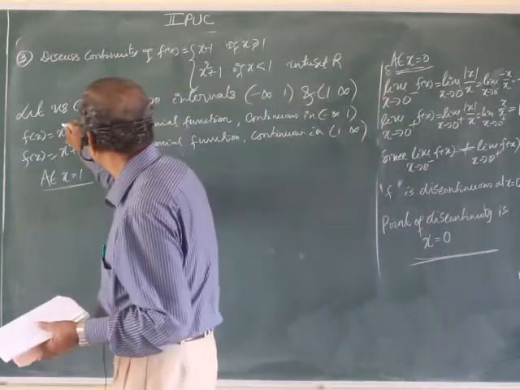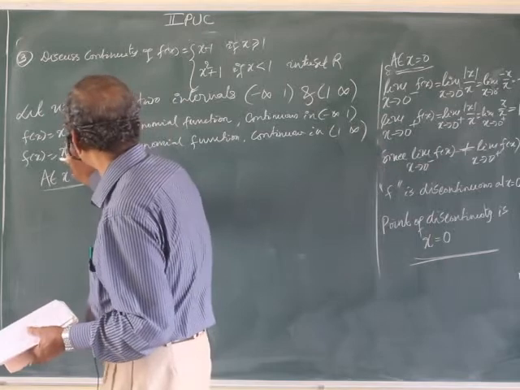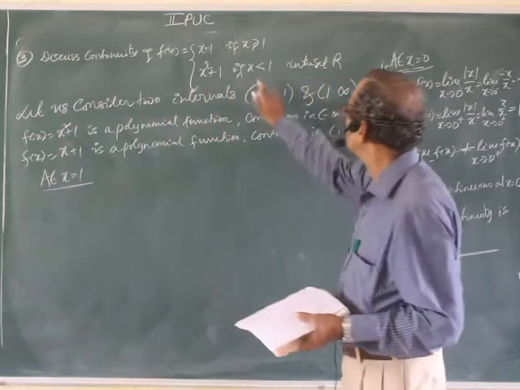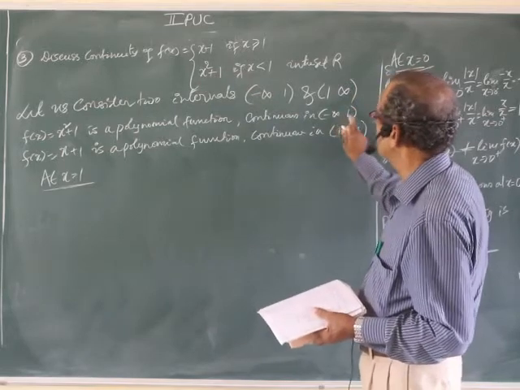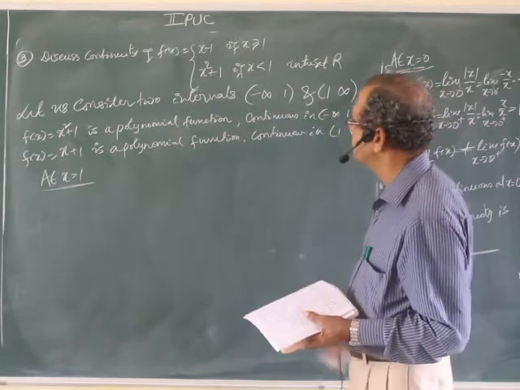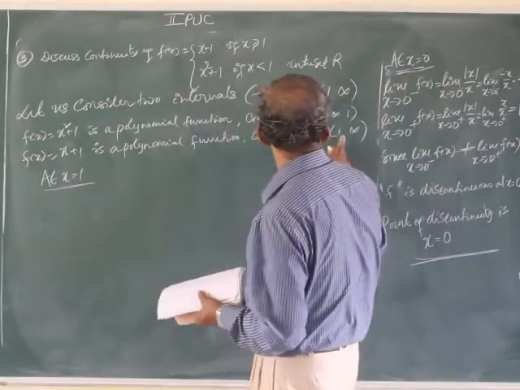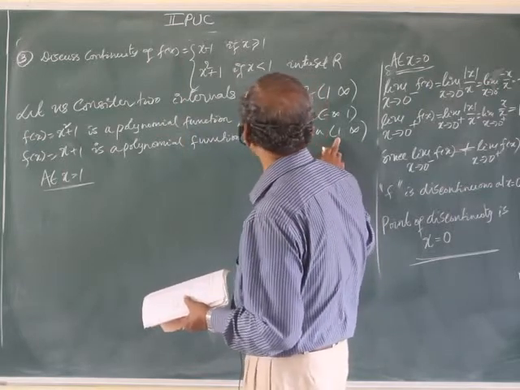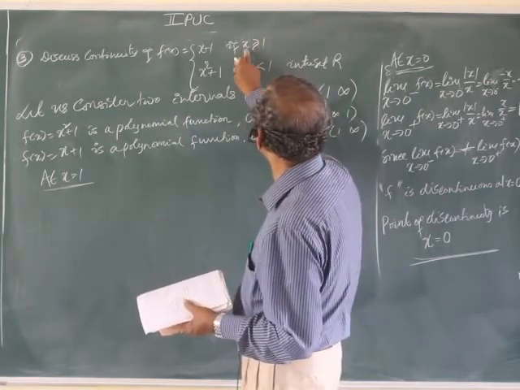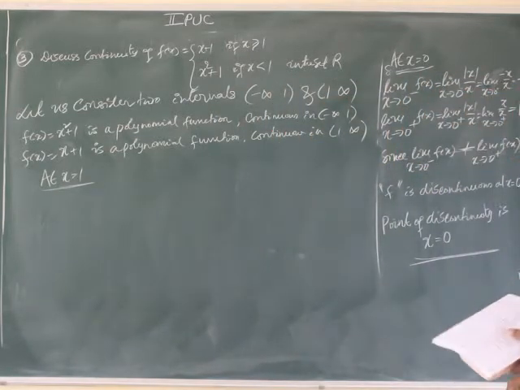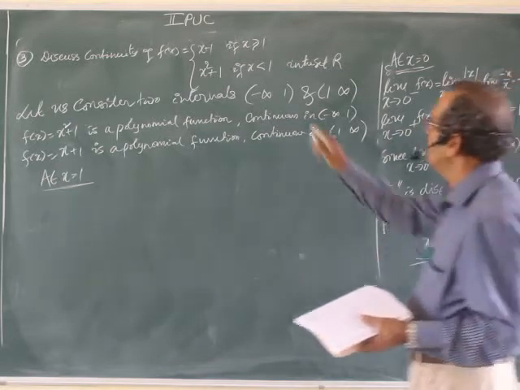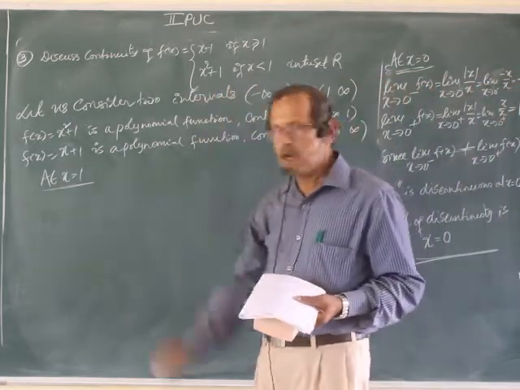Let me do like this. x square plus 1 for all x less than 1, this one is the equation. x plus 1 for x greater or equal to 1. Greater than 1 is given in the above, less than 1 is given below.